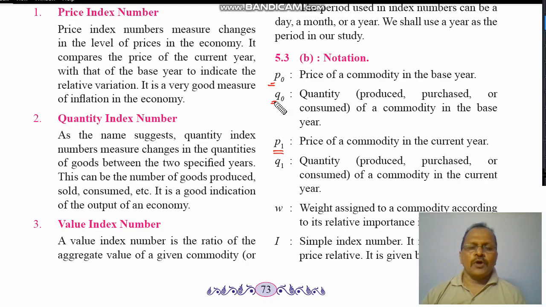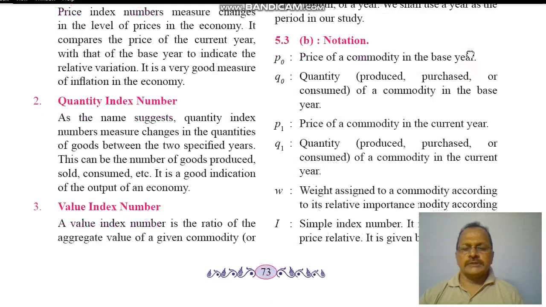Similarly, Q0 is the quantity either produced or purchased or consumed of a commodity in the base year, and Q1 is the quantity of the commodity in current year. W is the weight assigned to commodity according to its relative importance.